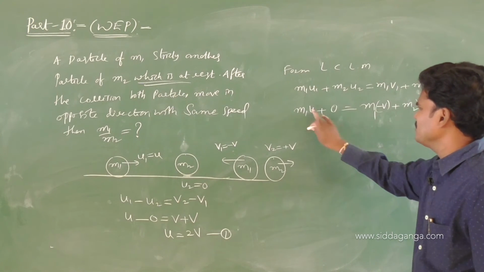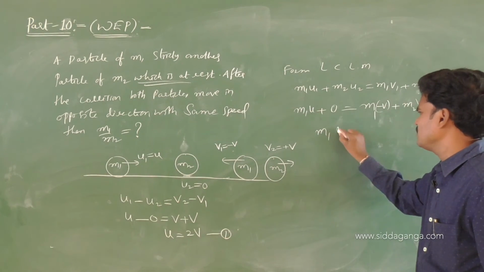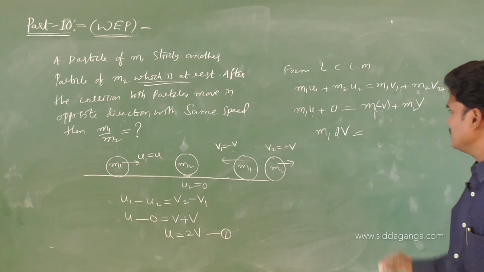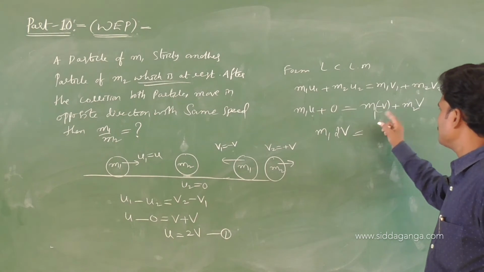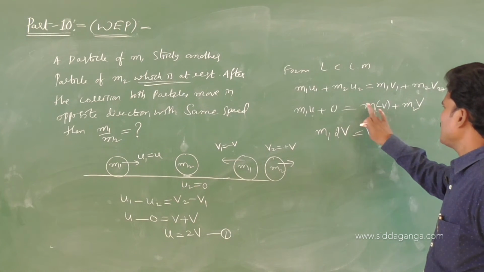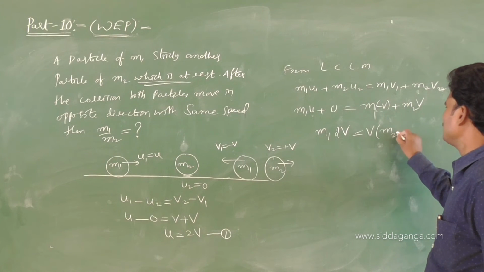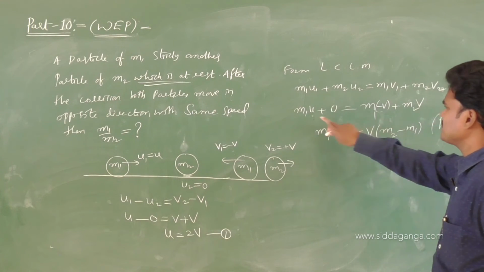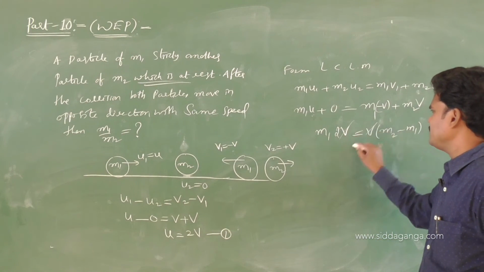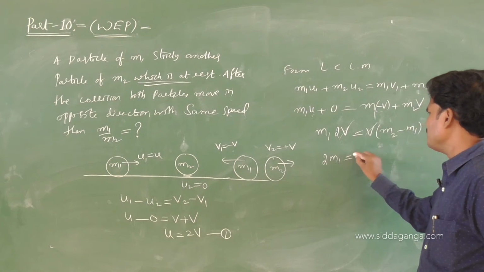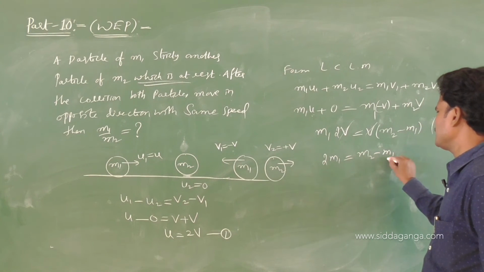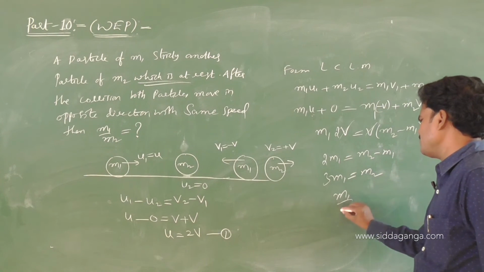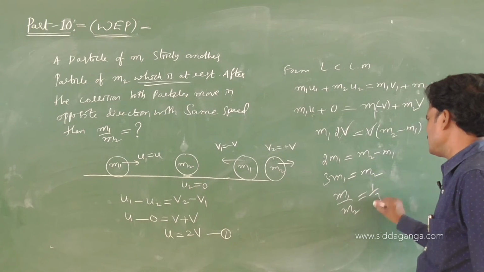So m1 u, and u from equation 1 is 2v. Taking v common, 2 m1 is equal to m2 minus m1. Take this m1 to the left: 3 m1 equals m2. So m1 by m2 is 1:3.